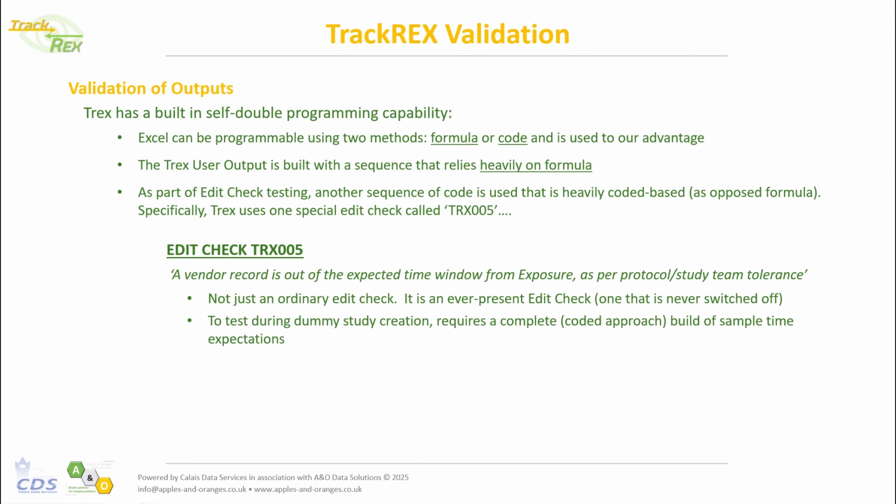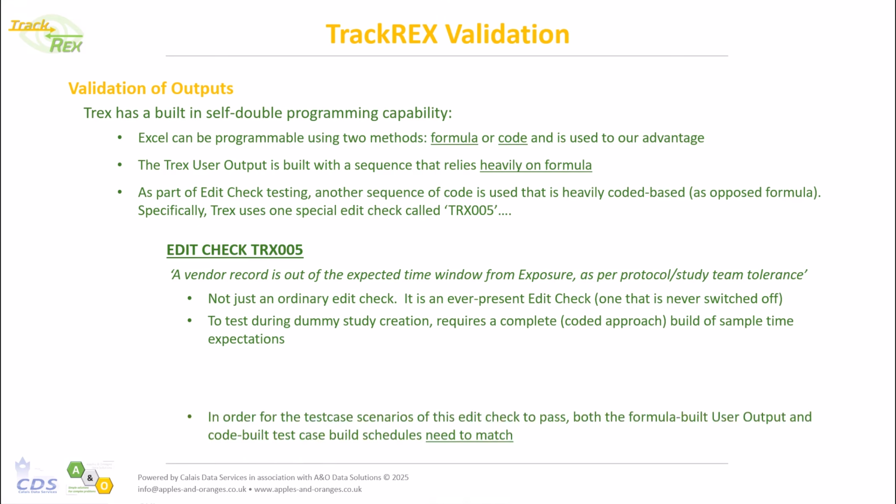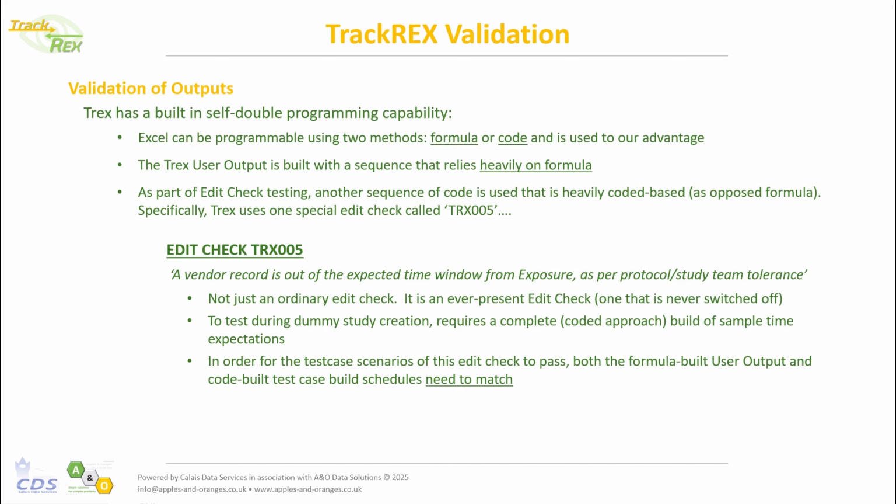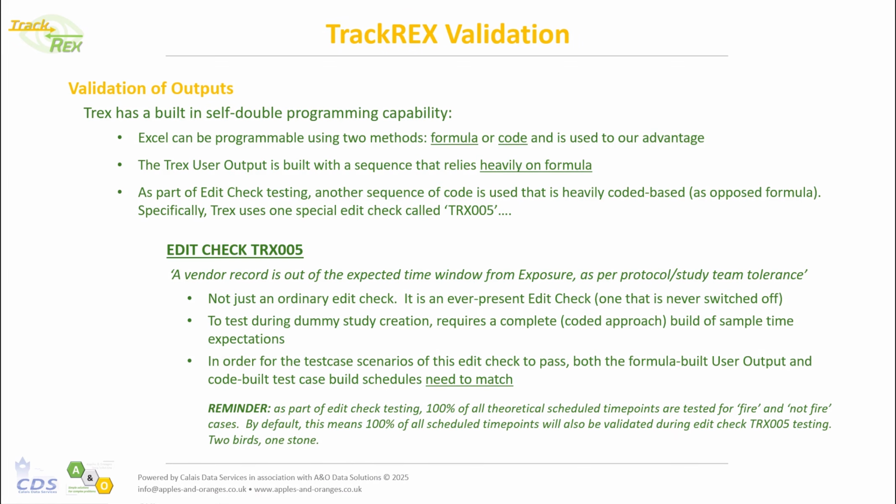To test it during dummy study creation, it requires a complete, coded approach to build sample time expectations. In order for the test case scenarios of this edit check to pass, both the formula-built user output and the code-built test case schedules need to match. As a reminder, as part of edit check testing, 100% of all theoretical schedule time points are tested for fire and not-fire cases.